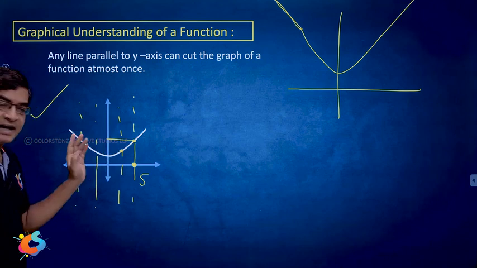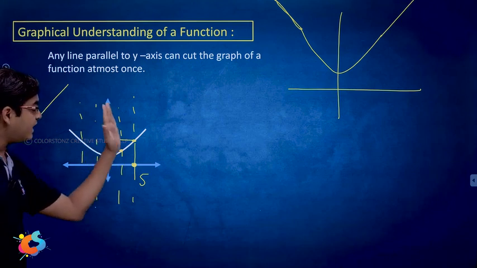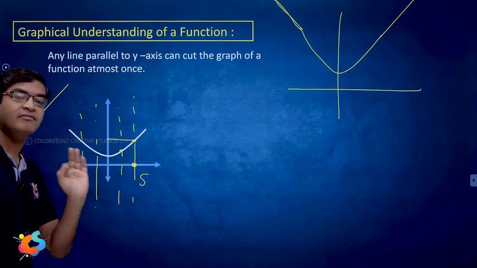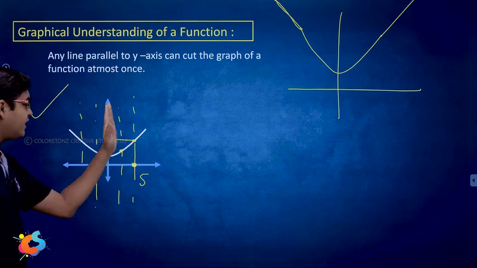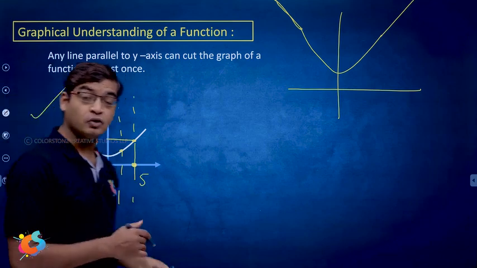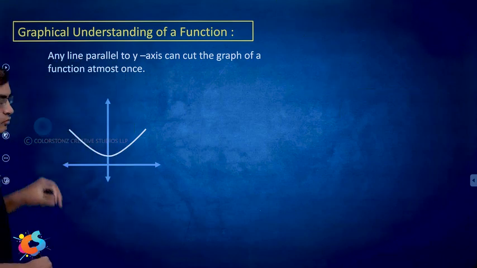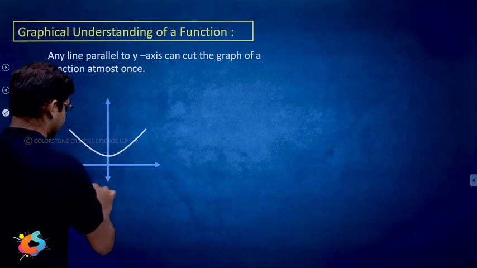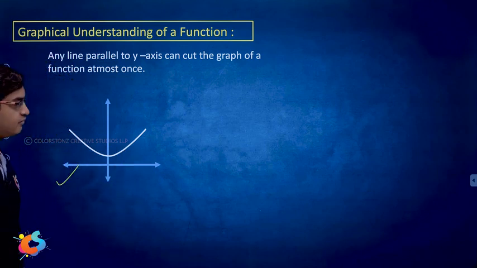Or you can say it like this as well. Wherever you take one specific x value, how many y values are coming? Here you can see wherever you take the x value, there is only one y value. So therefore, this is a function. Clear? Okay. So this is a graph of a function.